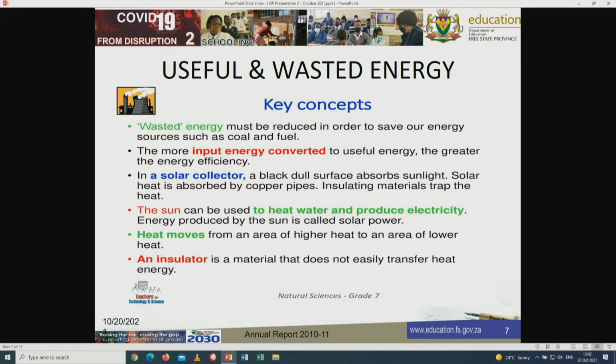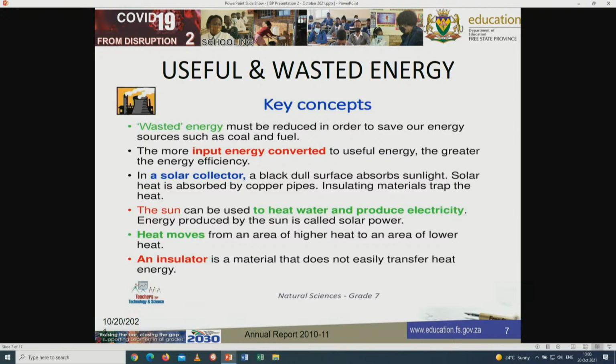It is important to save water or to use water wisely, because from the very same water, energy can be produced and we can use that electricity, and also we can save that electricity. Energy produced by the sun is called solar energy. Energy produced by the sun is called solar power.